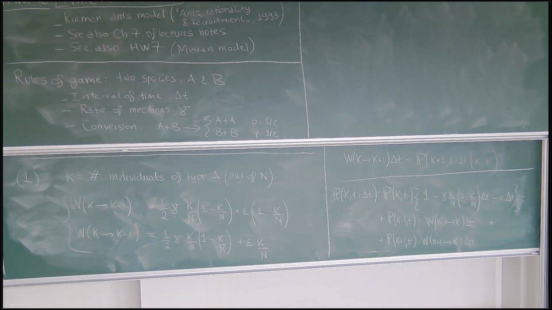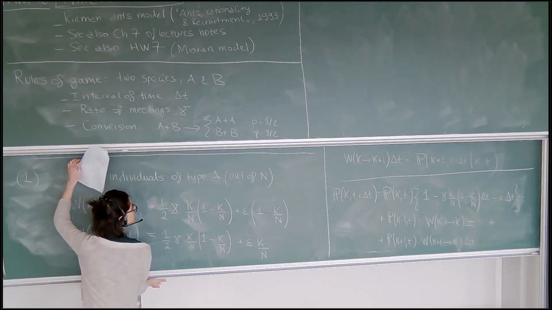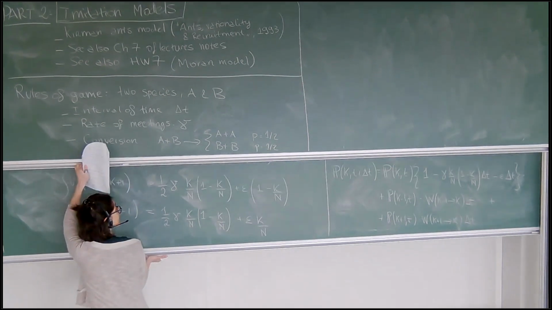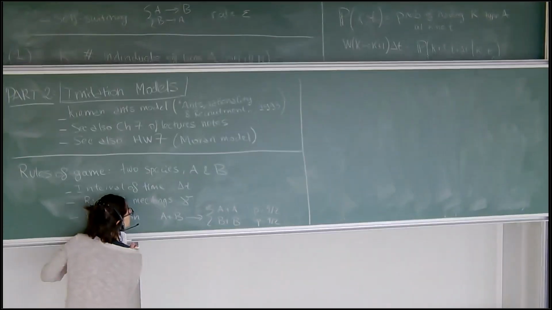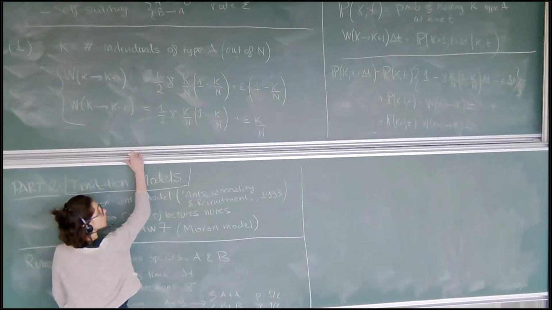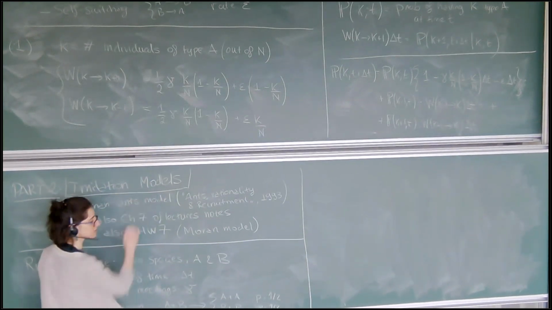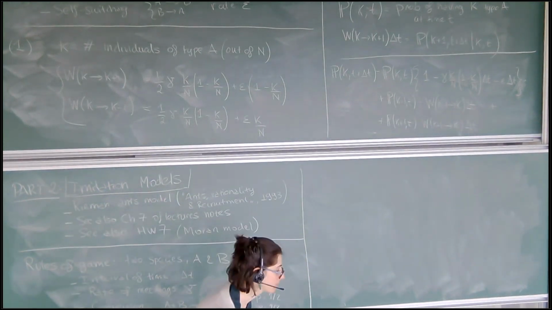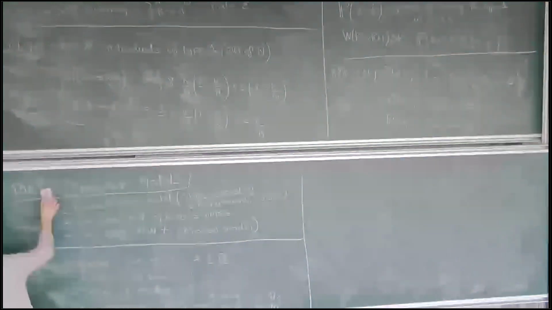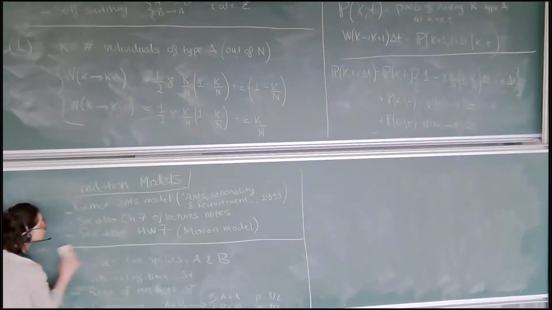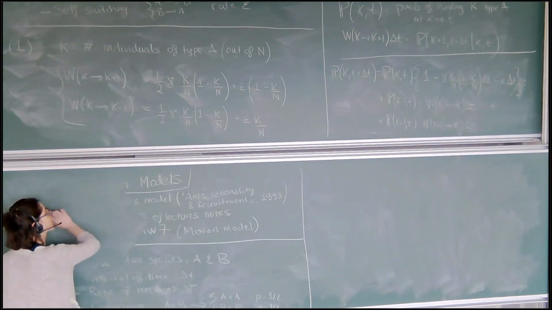And now to do exercise 2, I'm modifying it a little bit with respect to the text, but the idea is that I just want to show you a little bit how one goes from the discrete setting to the continuous Fokker-Planck-like equation. So we will do it in 2 steps.